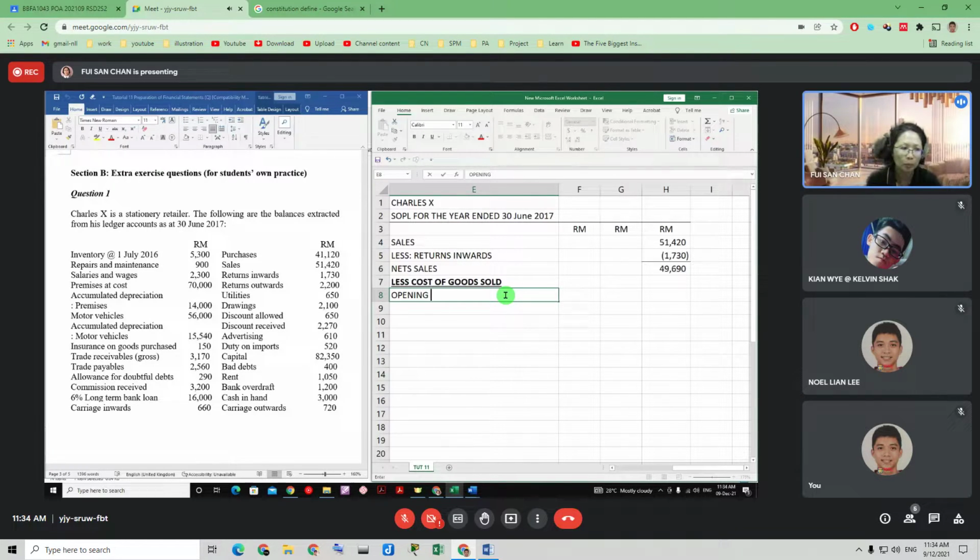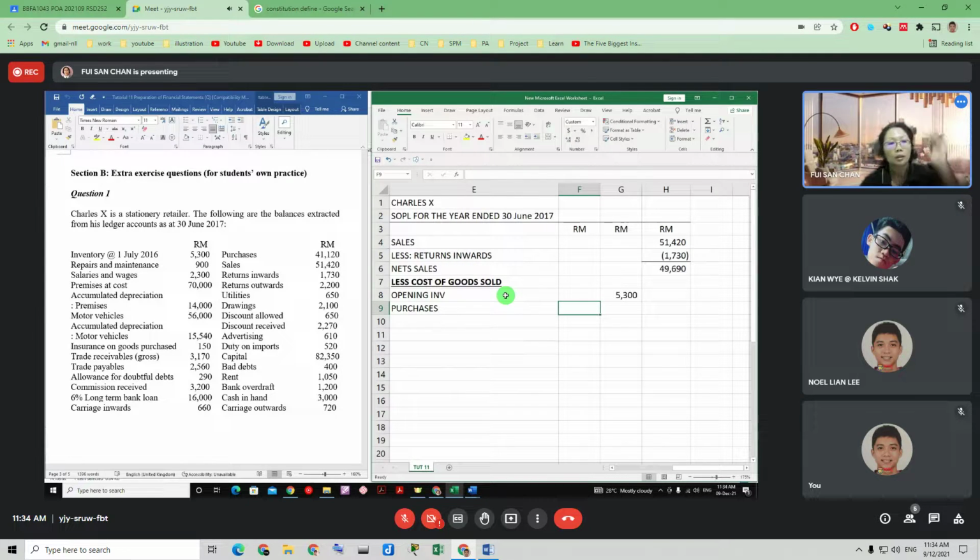Under what situation is there no opening stock? When your business is in the first year, isn't it? Otherwise we've got opening stock. So my opening is this number, and then I put purchases. Remember, when we go through the items, we do have return outwards and so on, isn't it?